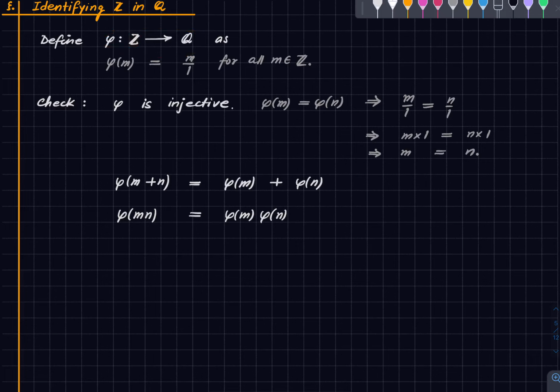It is just kind of changing the name. Something had a name m here, but it just gets renamed a little bit. It gets decorated a little bit, that's all. So it respects addition, and the same thing with multiplication. So it is completely transferring the arithmetic or the algebra, if you like, of Z to Q. And in that way, they extend the integers.